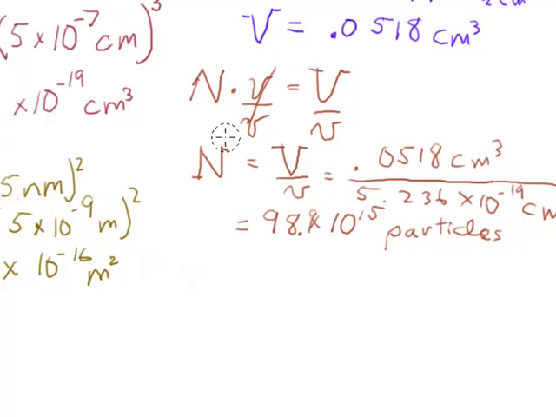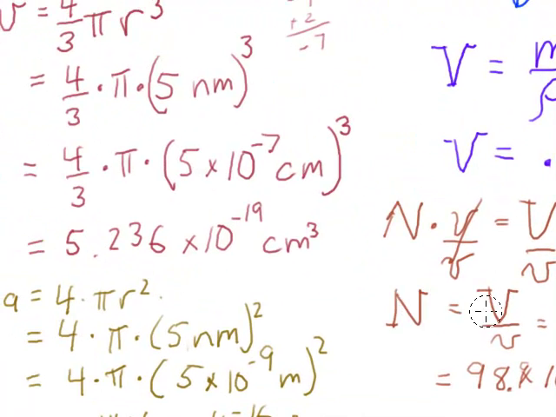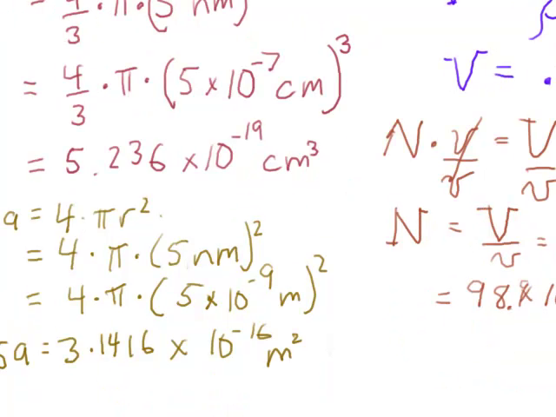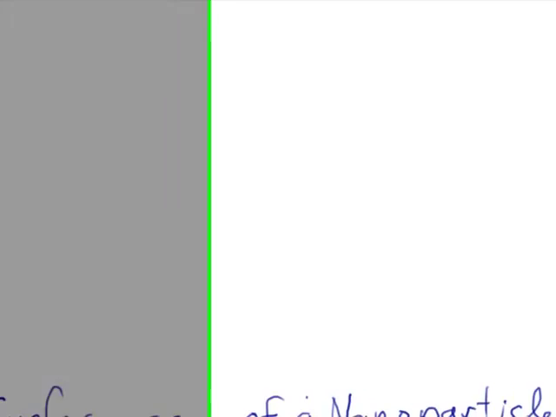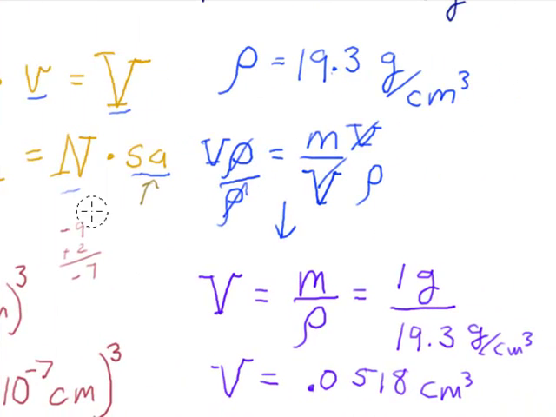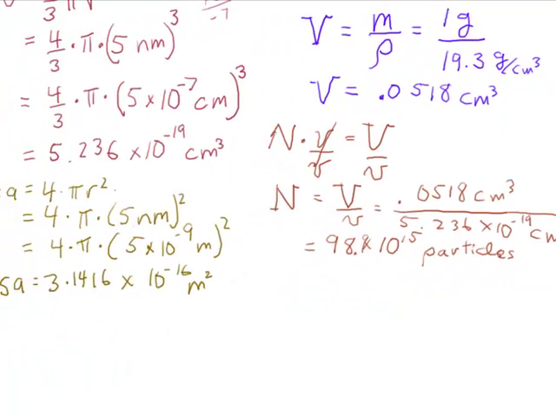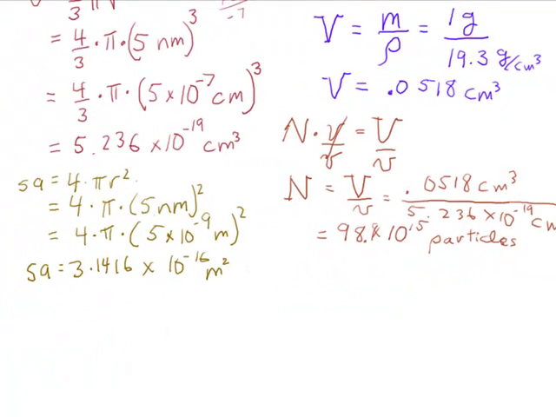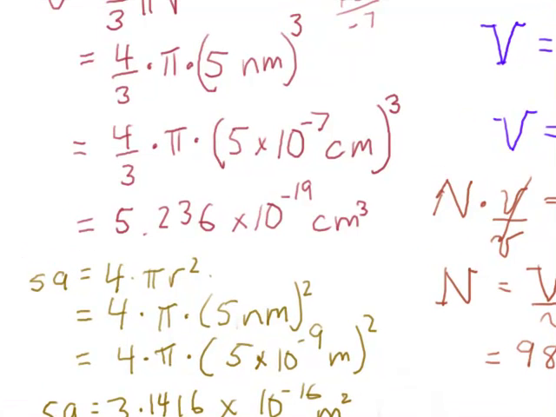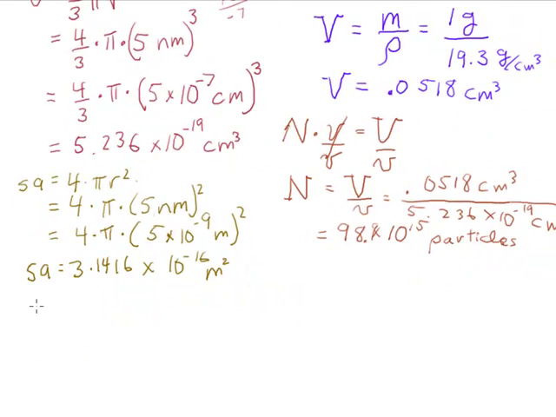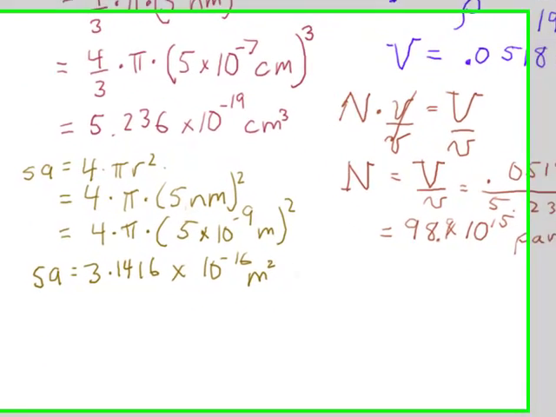So now I know my n value, and I know my surface area value. If I look back up here, if I take n times the surface area, then I'll get my total surface area for the particles. That'll be for a whole gram of the particles.